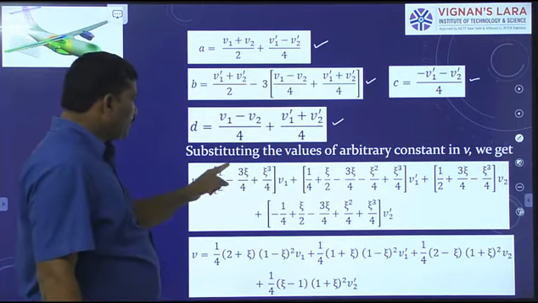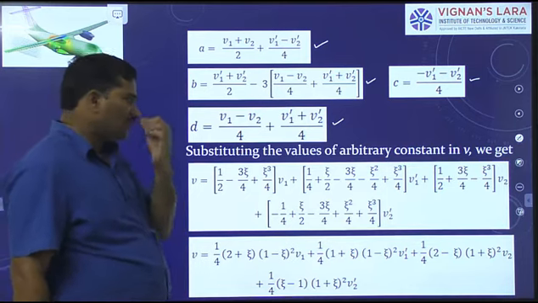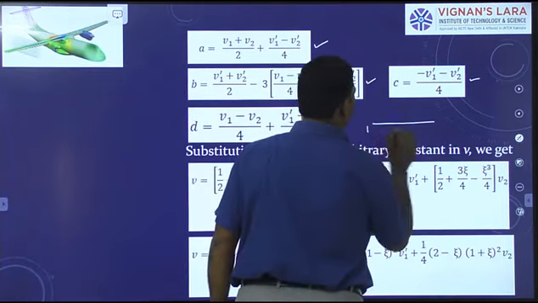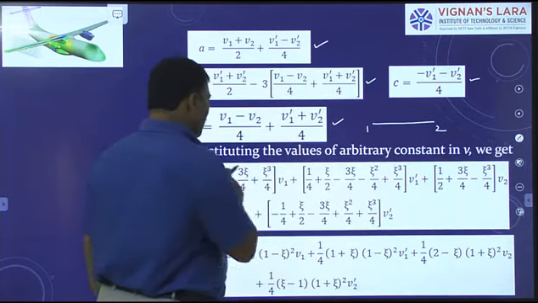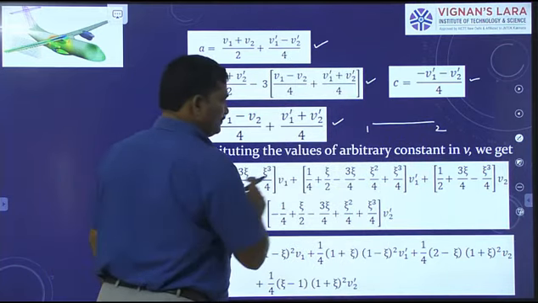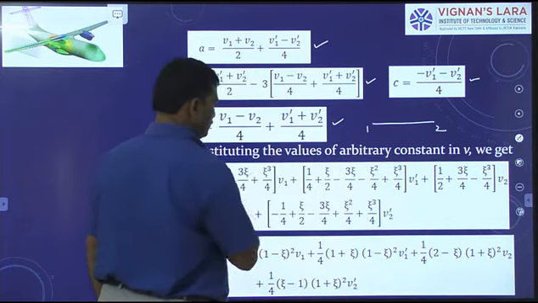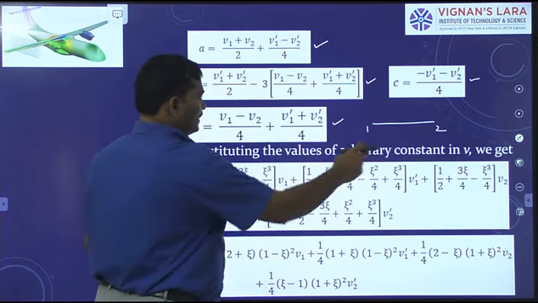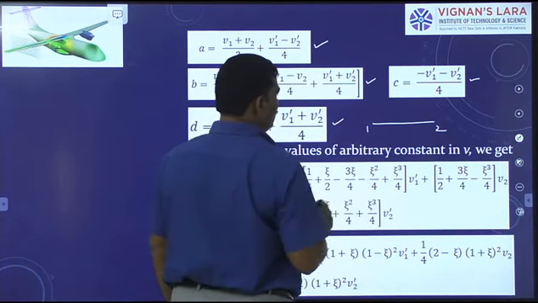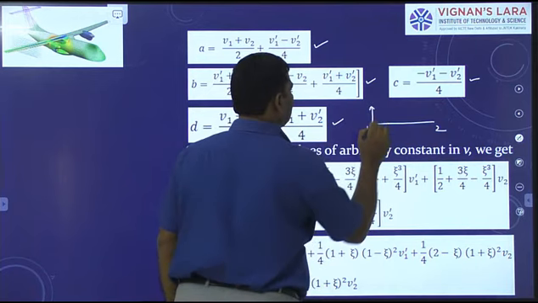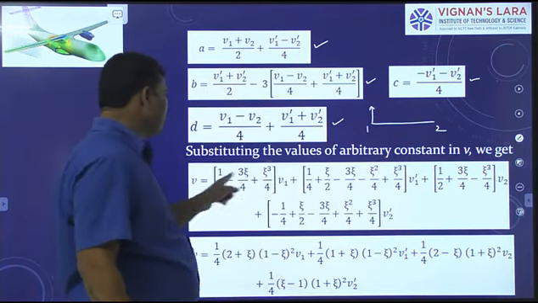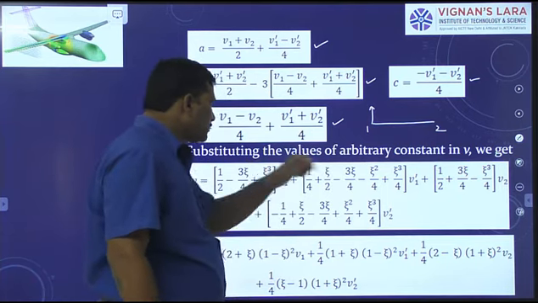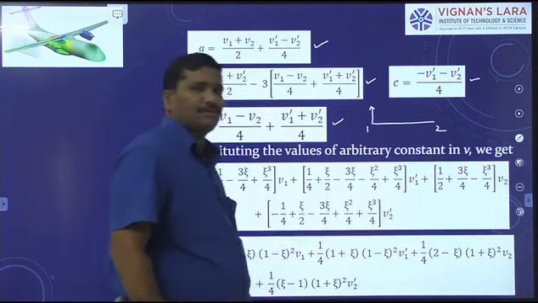Now if you put J equal to minus 1, then what do you get? You get the beam deflection at node 1. This is node 1, this is node 2. If you put J equal to minus 1 in this expression, you get deflection at node 1, because this is the expression for V. Here, this expression contains V1 dash and V2 dash.